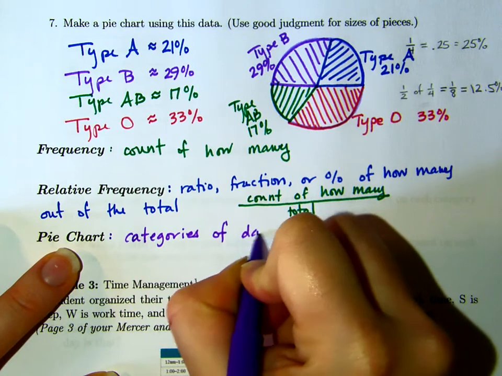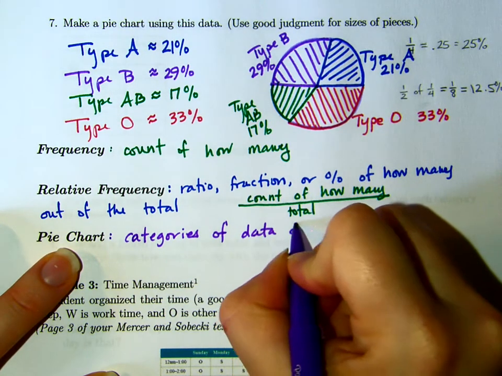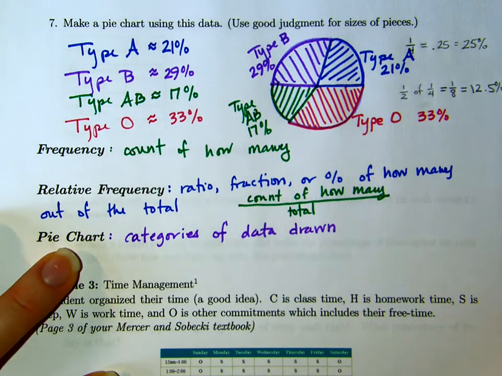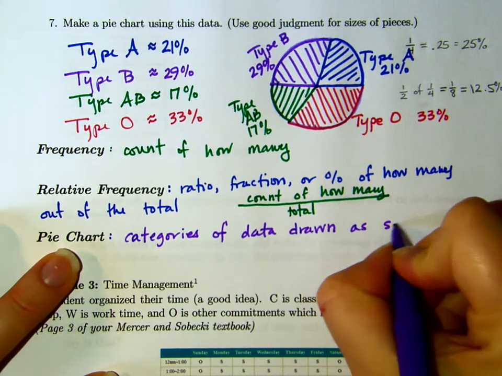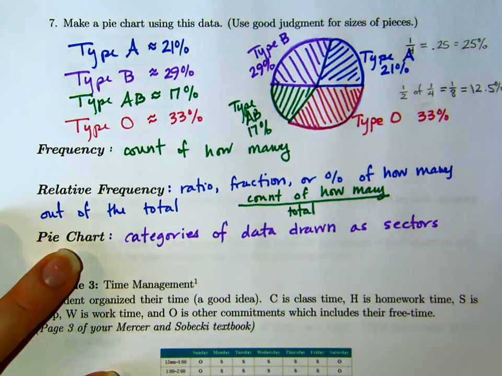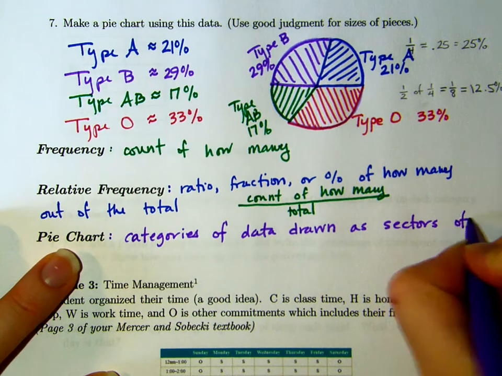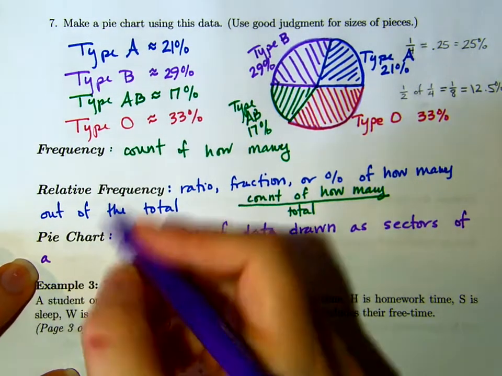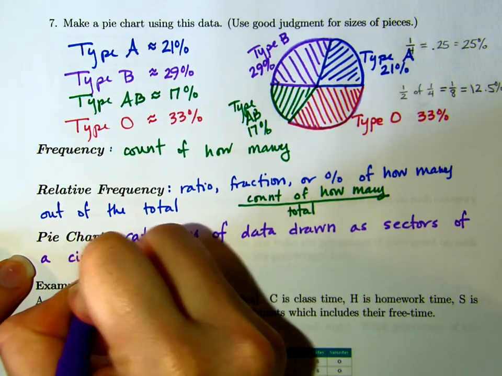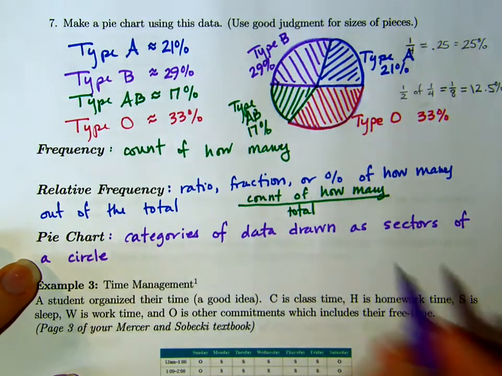Categories of data, drawn or represented, drawn as sectors of a circle that are proportional in size to their relative frequency.